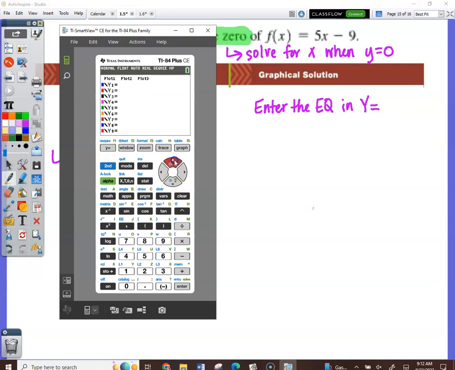Clear this stuff out. All right, the equation. Now you only enter the right side. It's already f of x. You know, it's already the y. All right, 5x minus 9. Zoom 6. We want to know the 0.